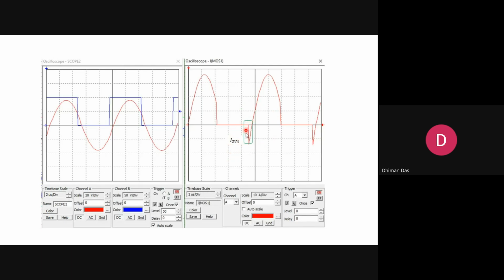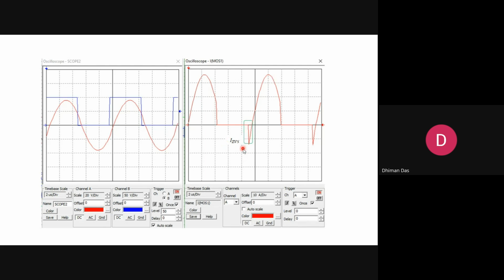You see, this is the switch current, and a sharp current is flowing here. Now this sharp current is negative in nature. Negative current means some current is being injected into the device, right? This is the conventional sign of the current.